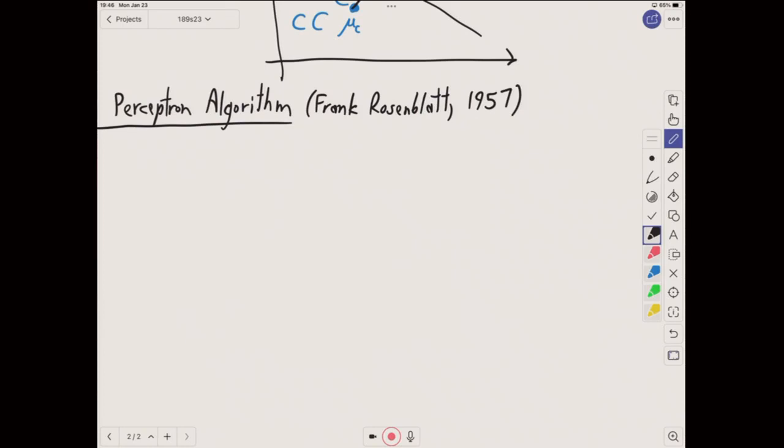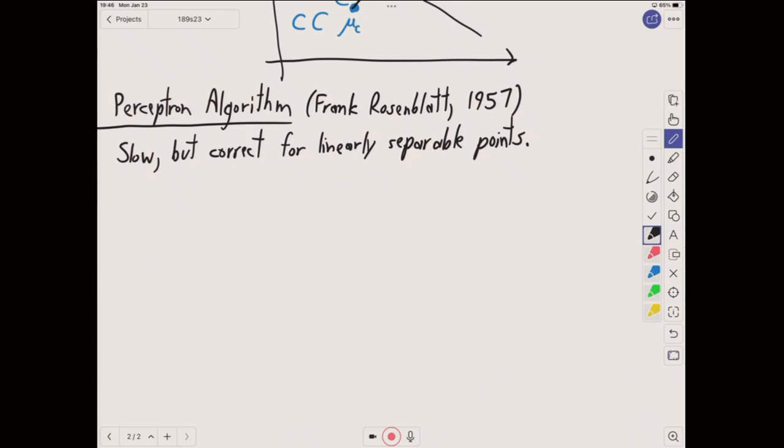So it's a pretty old method. It is no longer state of the art. In particular, it's really slow. But it is a correct method for linearly separable points. It always finds a correct linear classifier that gets 100% training accuracy on linearly separable points.